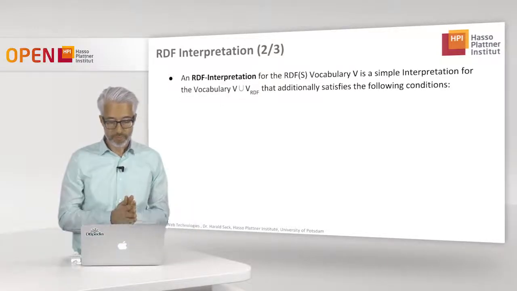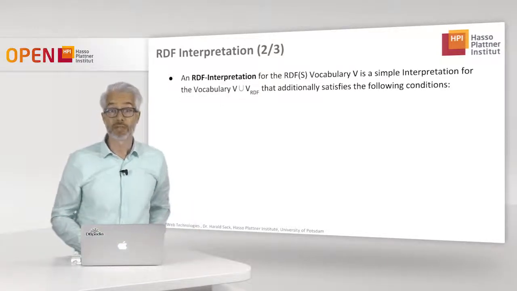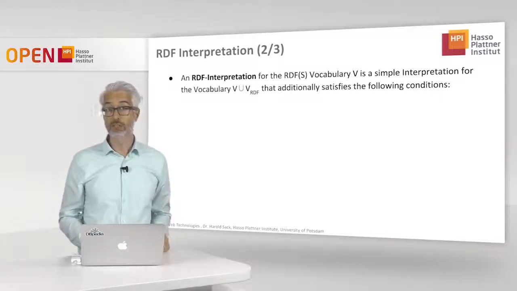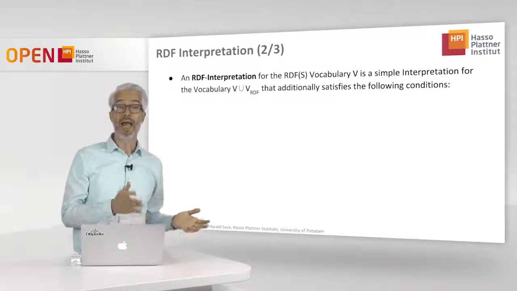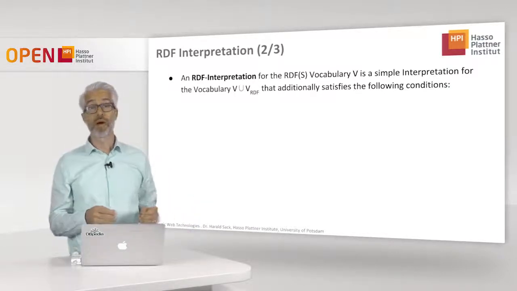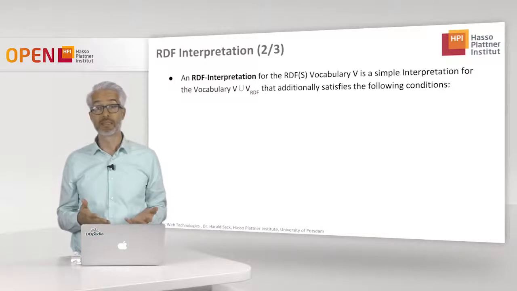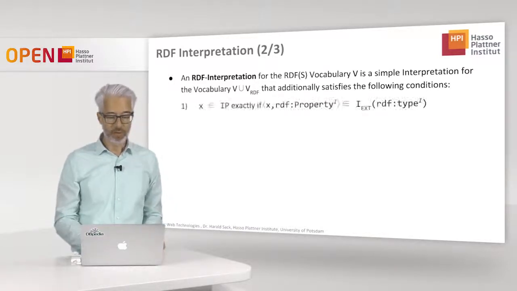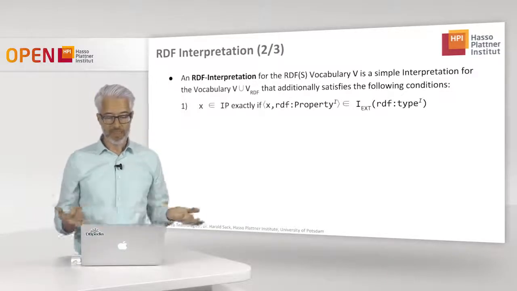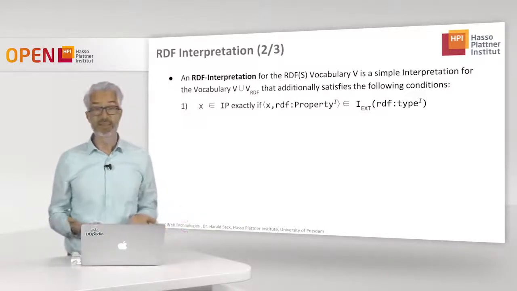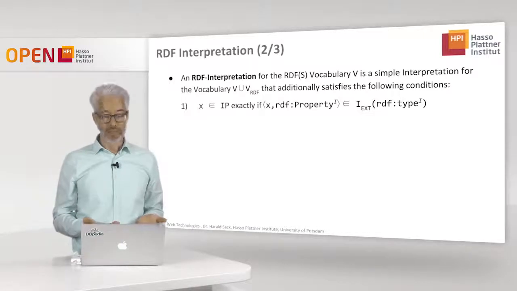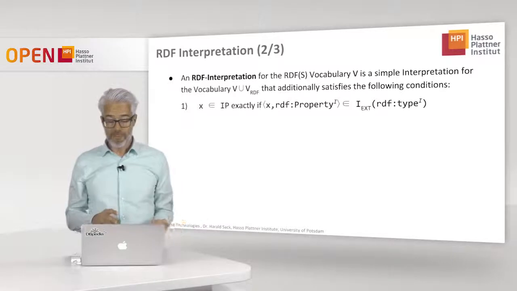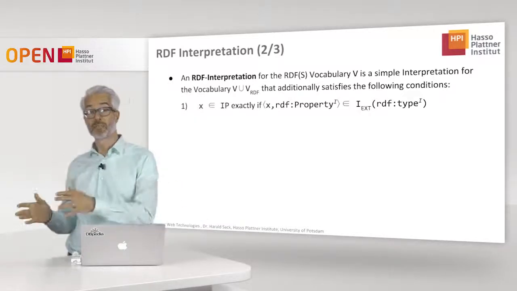We start with an RDF interpretation for RDFS vocabulary V: a simple interpretation for the vocabulary V, combined with our RDF vocabulary, that additionally satisfies a set of conditions that we will state right now. First of all, if X is an element of IP, then and exactly then, this is only the case if X is of type property.